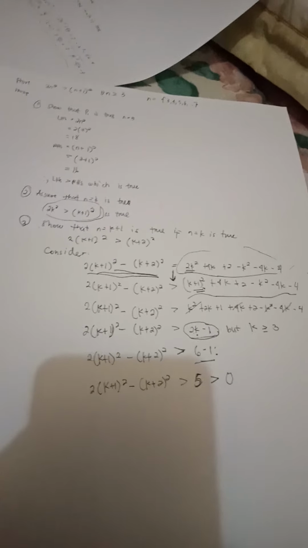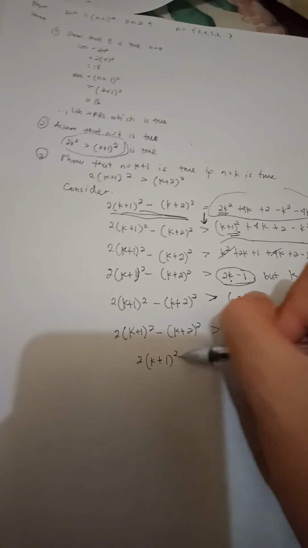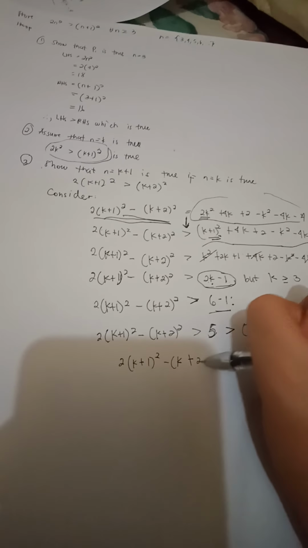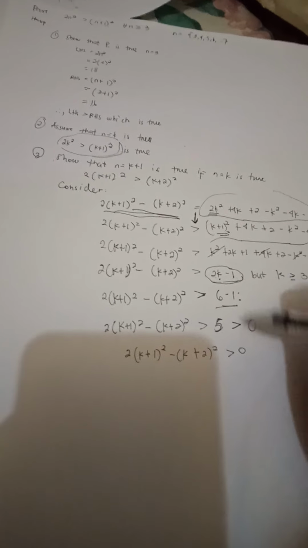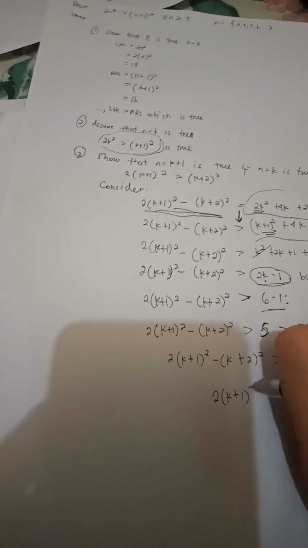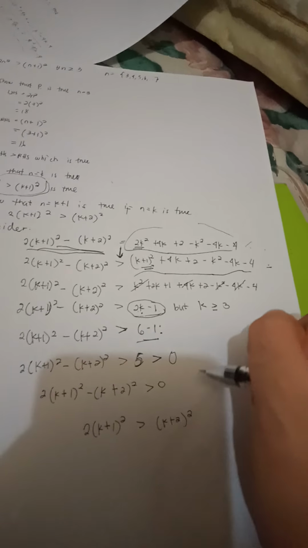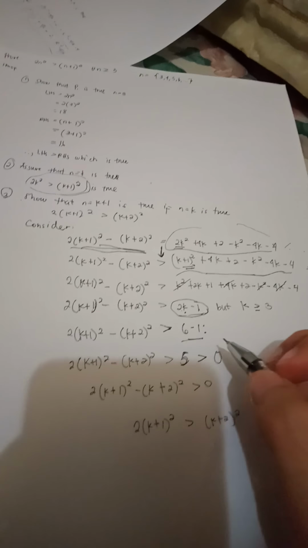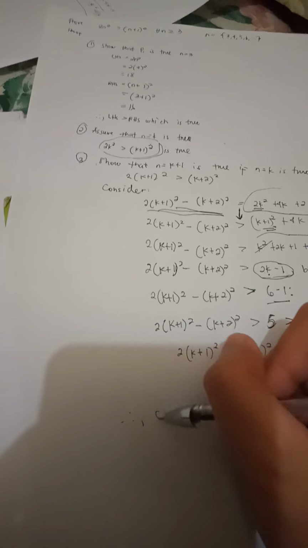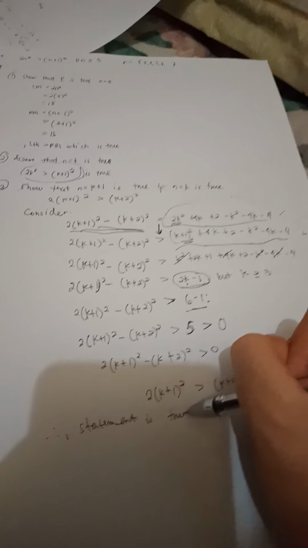So 2(k plus 1) squared is greater than (k plus 2) squared, and we're going to transfer (k plus 2) squared to the right-hand side. Therefore, the statement is true for n is equal to k plus 1.